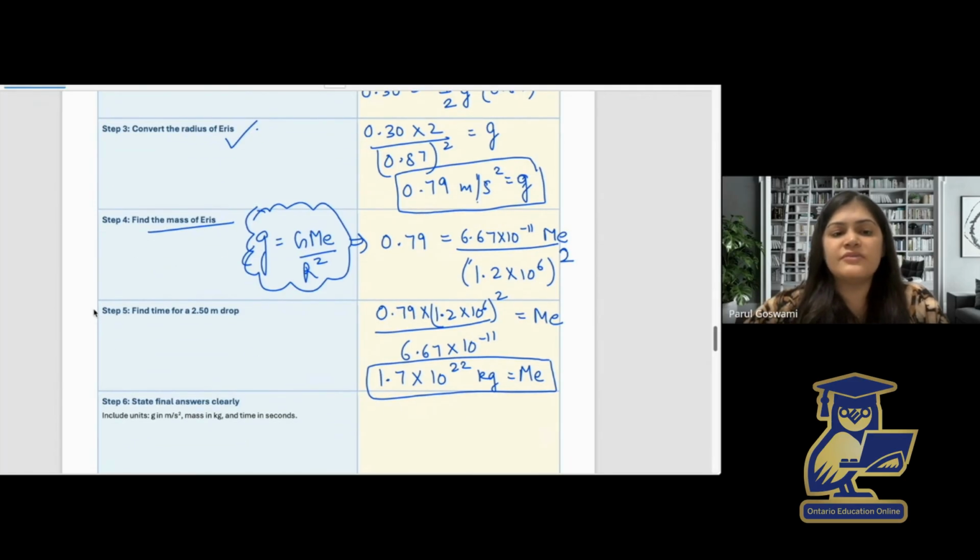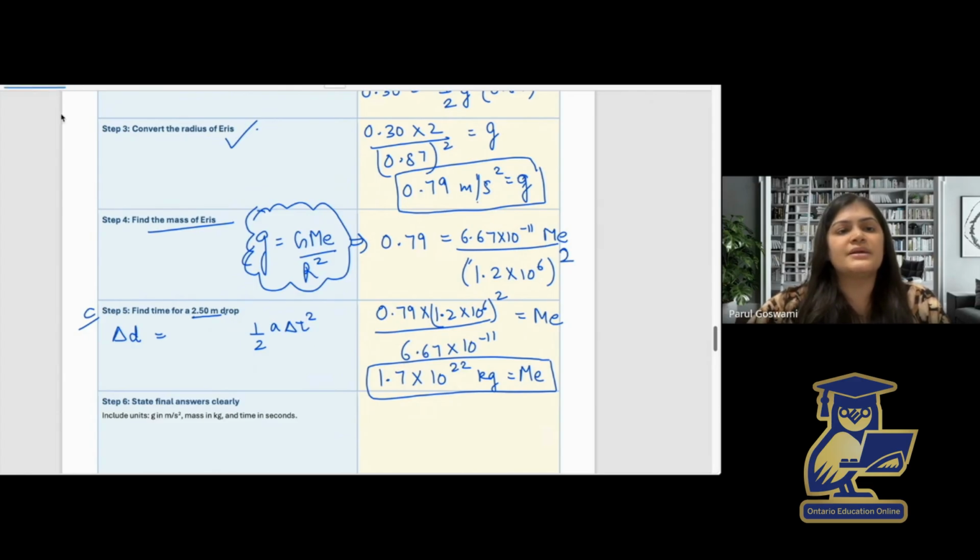Now for part C, we have to find the time for a 2.50 meter drop. So for this again, we can use the second equation of motion, the kinematics equation, which is delta d equals v_i delta t plus half a delta t square. Since initial velocity is 0 because the object was dropped from rest, v_i delta t will become 0, so I can just remove this factor.